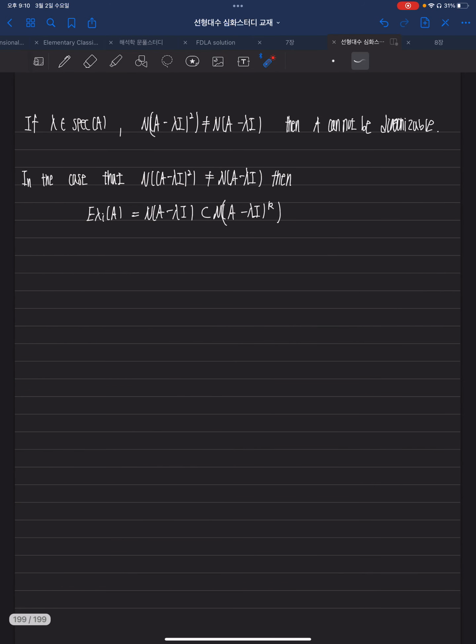And this means that F^n does not have a basis consisting of eigenvectors of A. Conversely, if F^n has a basis consisting of eigenvectors of A, then the intersection of the column space of A minus lambda I and the null space of A minus lambda I must be the trivial space for any eigenvalue of A, and the null space of (A minus lambda I) squared is equal to the null space of A minus lambda I.